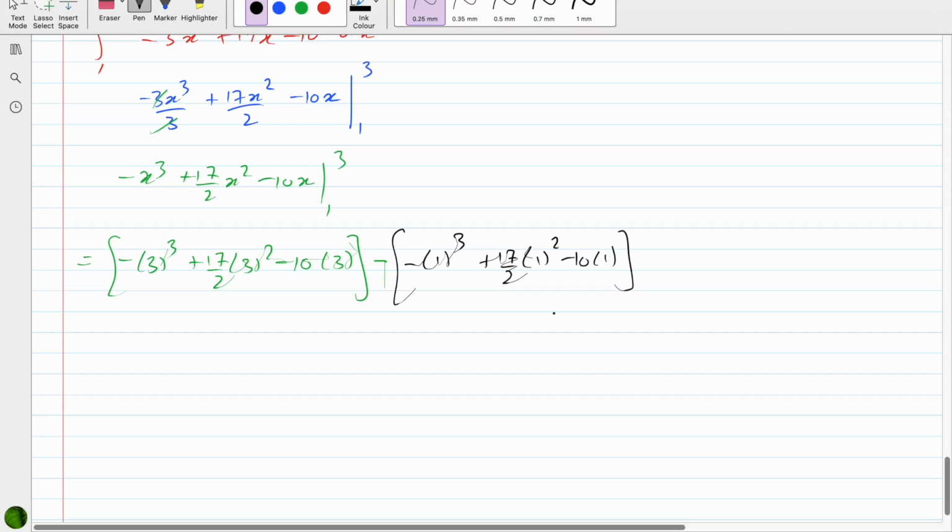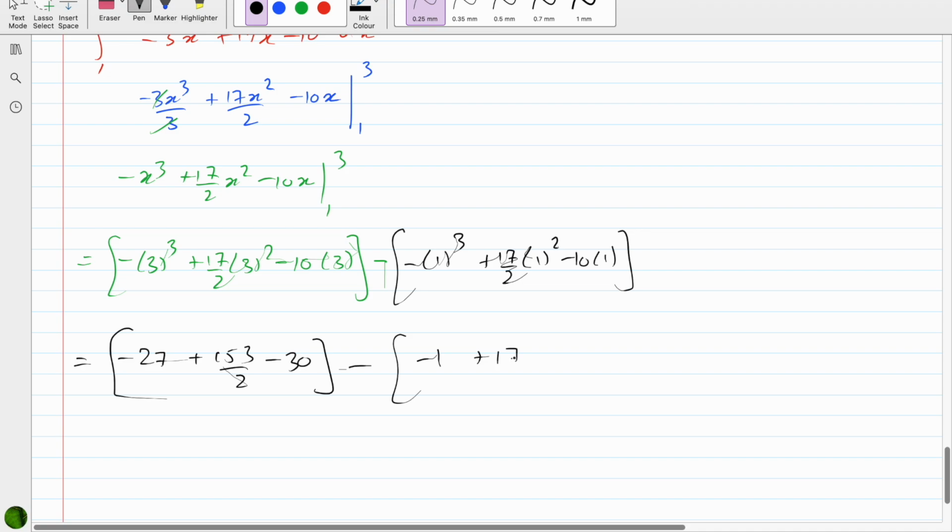And we simplify. Minus 27 plus 17 into 9 by 2 is 153 by 2, minus 30, minus 1 plus 17 by 2 minus 10.